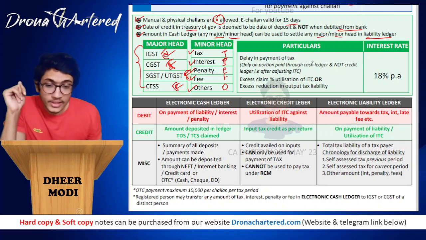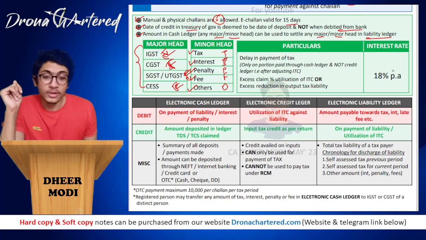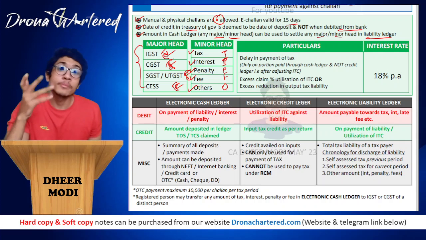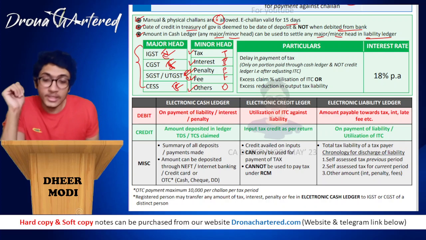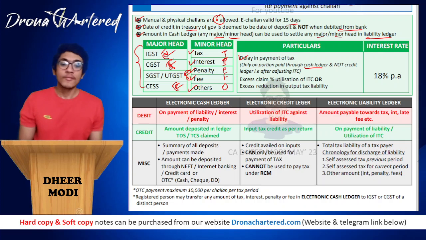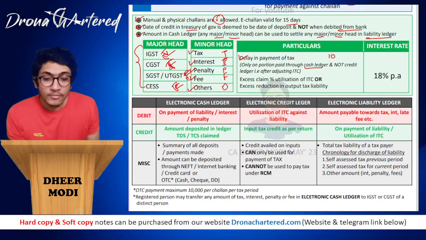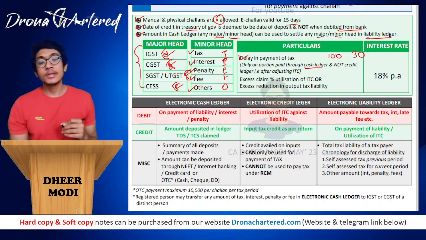So if there is a delay in payment of tax, earlier there were two types of interest rate, 18% and 24%. Now both of them have been made 18%. Delay in payment of tax, interest applies only on the portion paid through cash ledger and not credit ledger, that is after adjusting ITC. For example, your total tax liability was 100 and you already had 30 rupees in your ITC as credit.